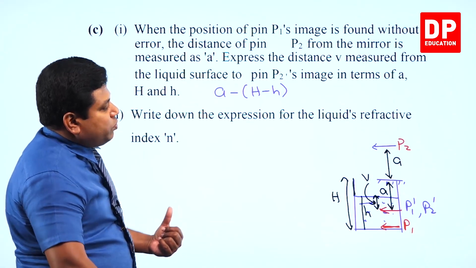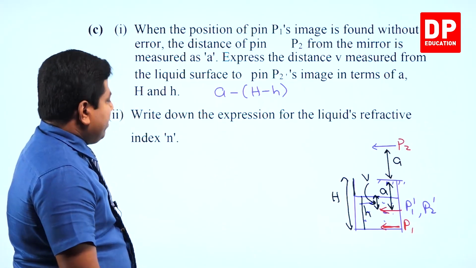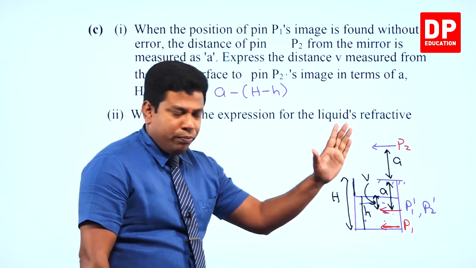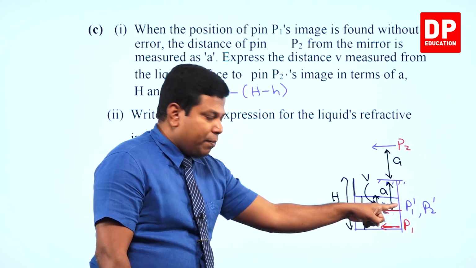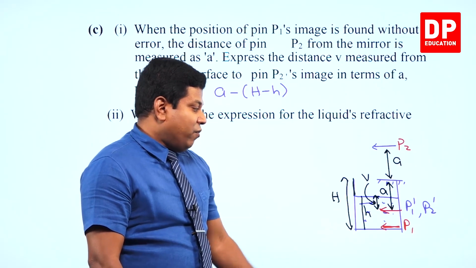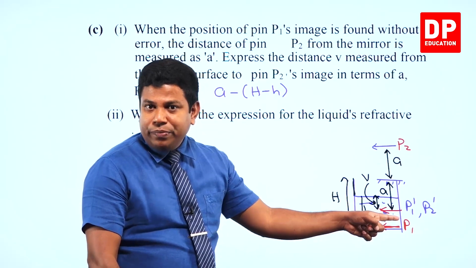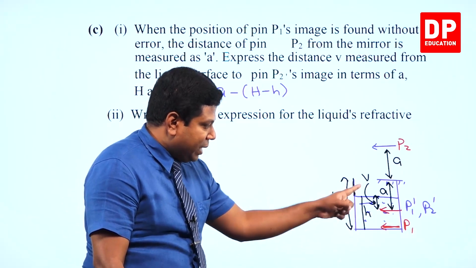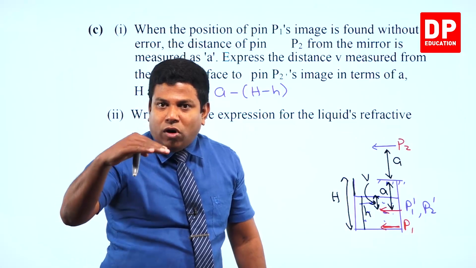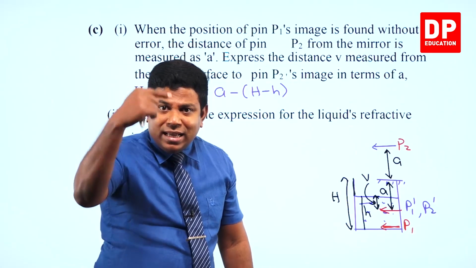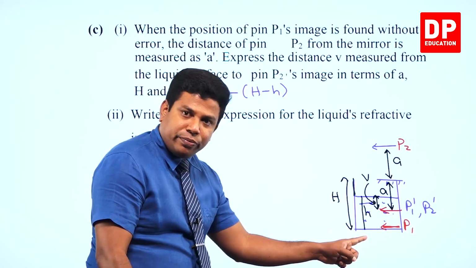So V is A minus (capital H minus small h). Write down the expression for the liquid's refractive index. Now you understand, forget about P2 now. This is the point where P1's image is also, right? Which means for P1's image, I know the real depth and apparent depth. Real depth means small h, the depth from the liquid surface to where the pin actually is.